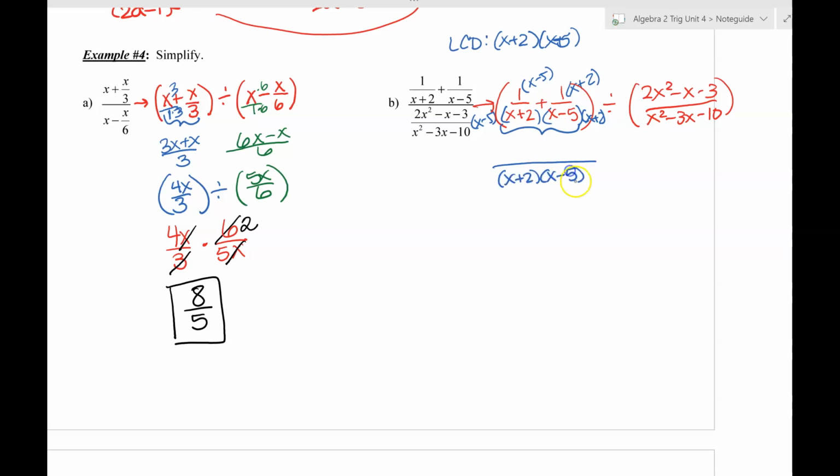We found our common denominator, and then in the numerator we have 1 times x minus 5 plus 1 times x plus 2. Remember, you need to multiply before you can add like terms together. So this would be x minus 5 when we distribute the 1, plus x plus 2.